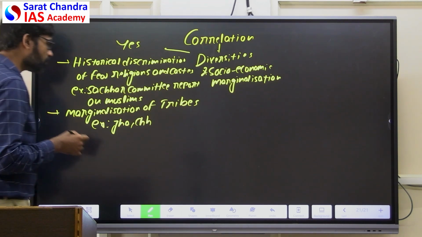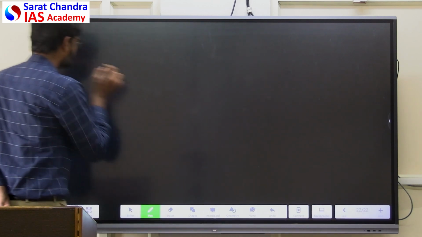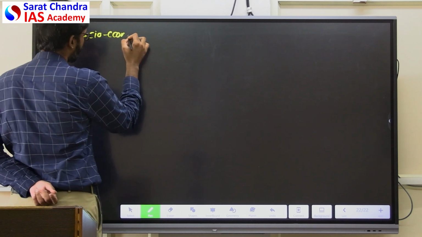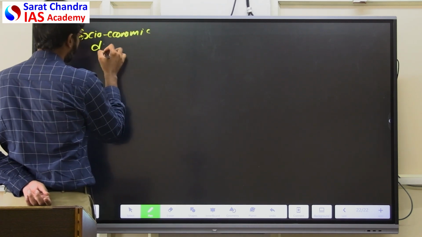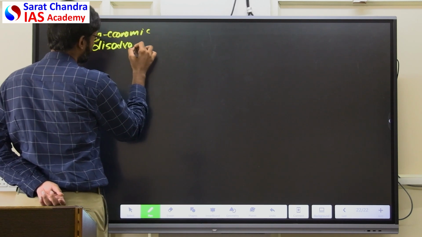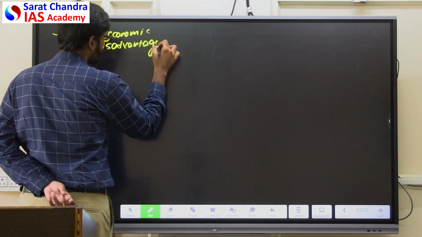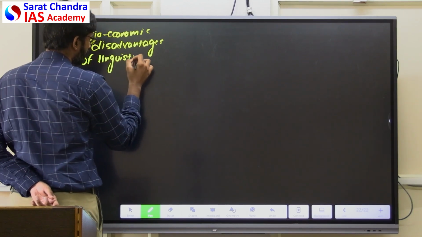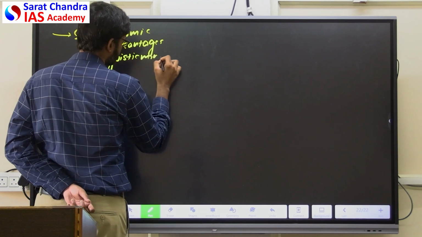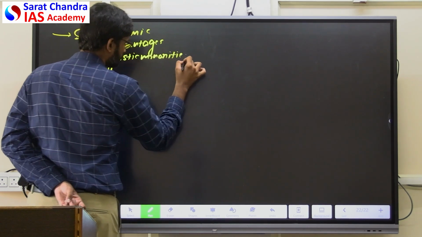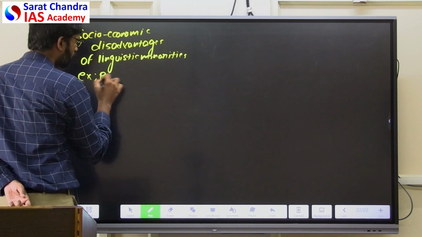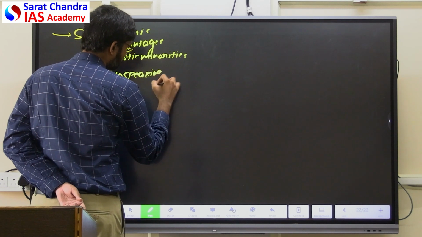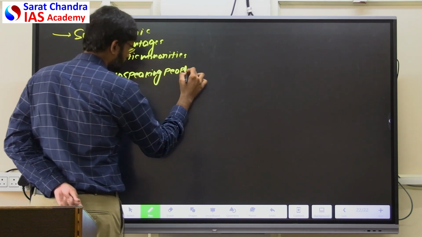And we can also talk about the socio-economic disadvantages of linguistic minorities. For example, the Bodo speaking people in Assam.